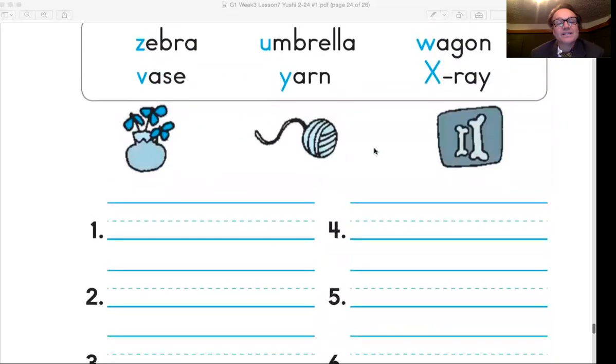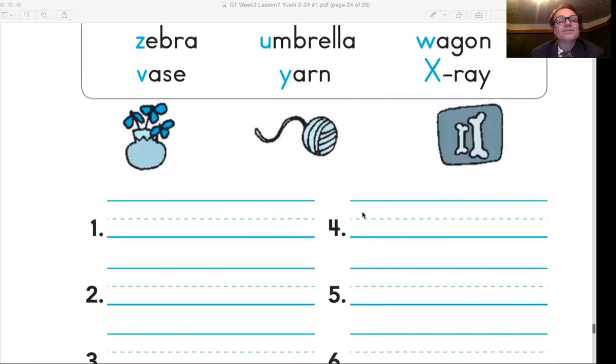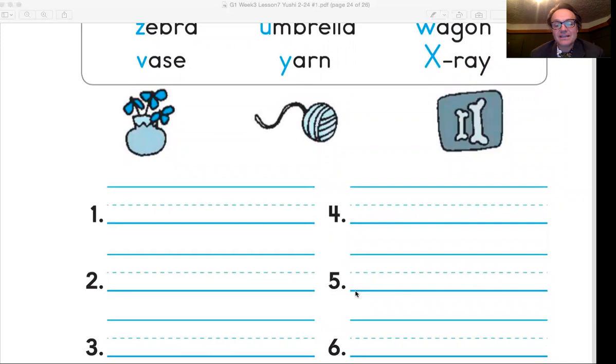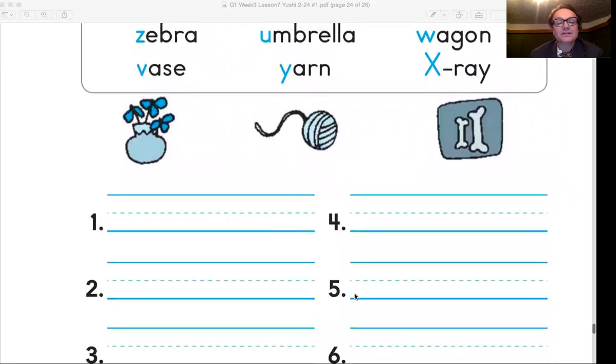Okay, so let's look at these and see what the right alphabetical order is. It's hard for me to fit these in, but I think I can do it here. I may have to write some of them so the first one in alphabetical order that we found is umbrella.